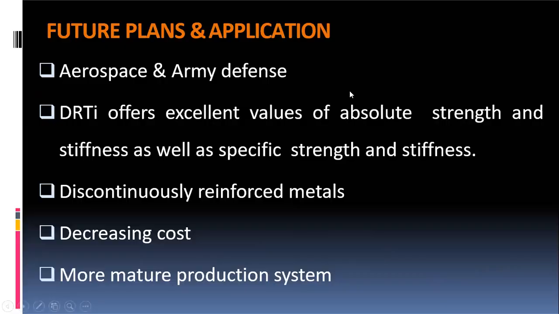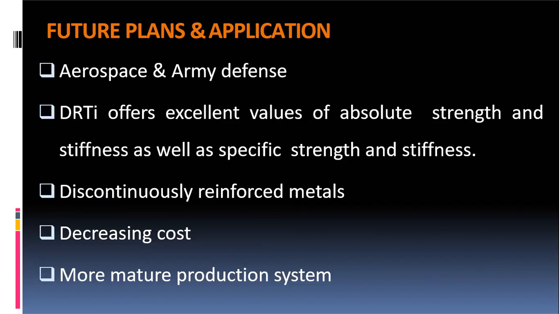And next one is the future plans and applications. In the future, what is the scope of the metal matrix composites, and what are the different applications used? The first one is aerospace and army defense.